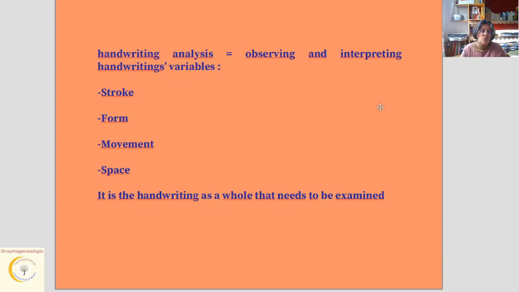Then there is the movement. The movement is a little bit less easy to spot and to observe, and it takes a long time. Yes, that's also something I wanted to say, that handwriting analysis is a very complex process, and it takes a lot of time to learn it. It's difficult, it's complicated, because there are many variables that can be observed, and then you have to put them together and see in what way it goes.